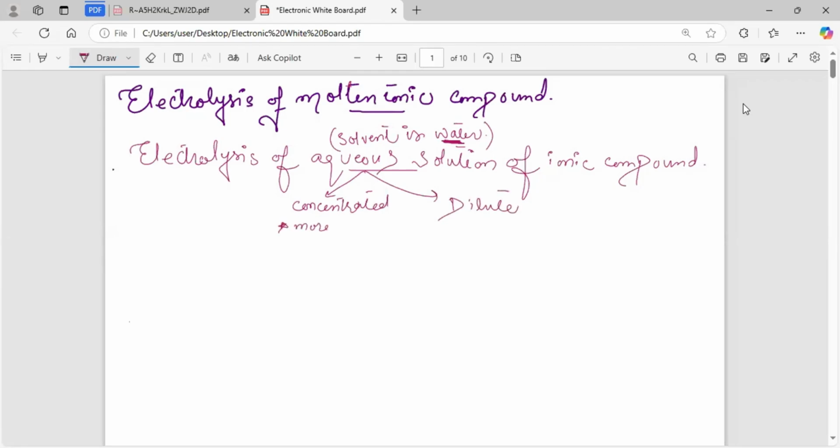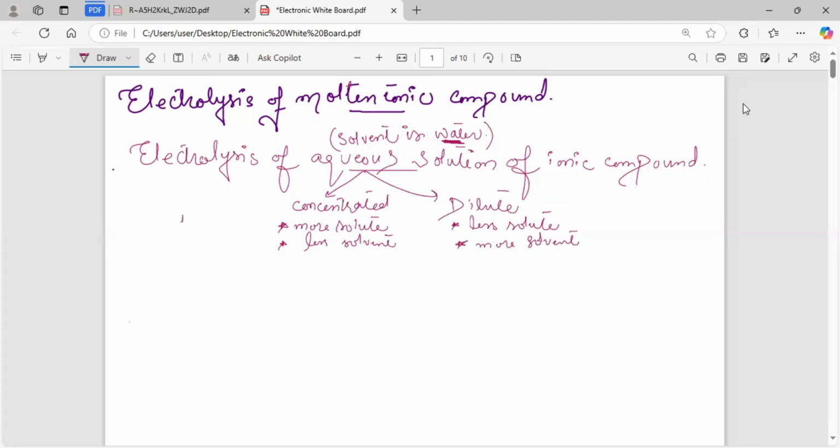Concentrated means more solute, in this case more ionic compound, and less solvent like water, right? Whereas a dilute solution contains less solute and more solvent like water.